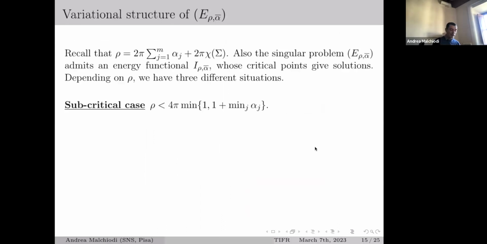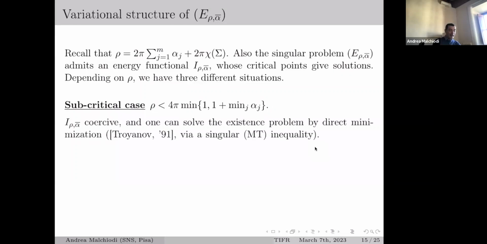From the variational point of view, we have three different situations. There is the so-called subcritical case, when the curvature is sufficiently small. In this case, the energy that you obtain is similar to the one we saw before for the classical uniformization problem.